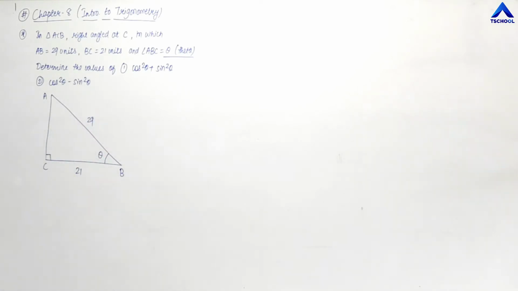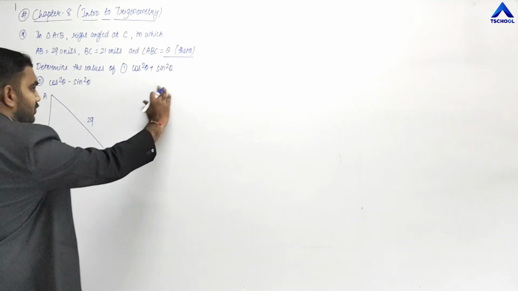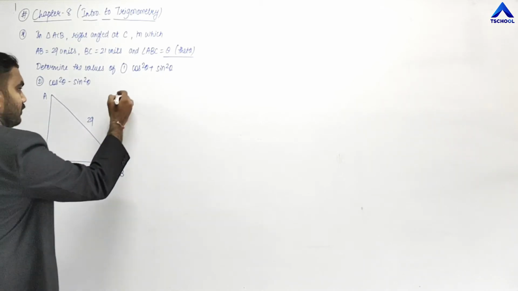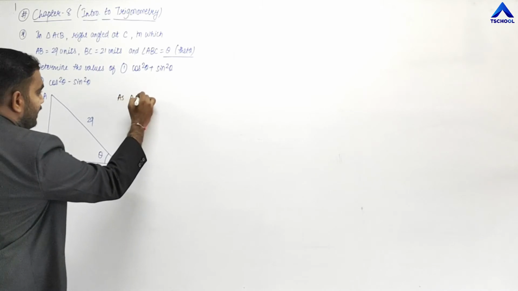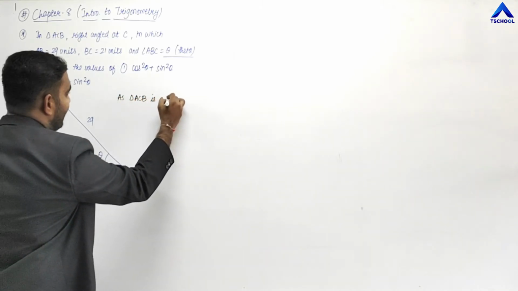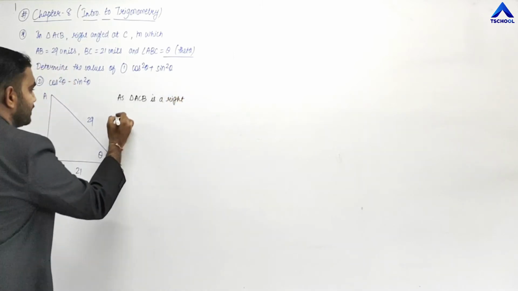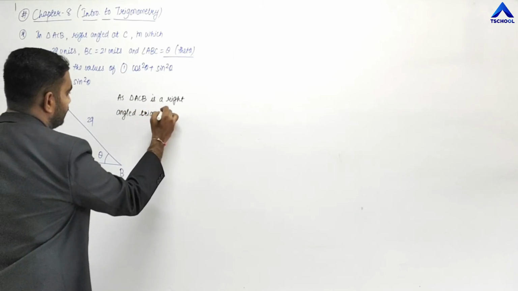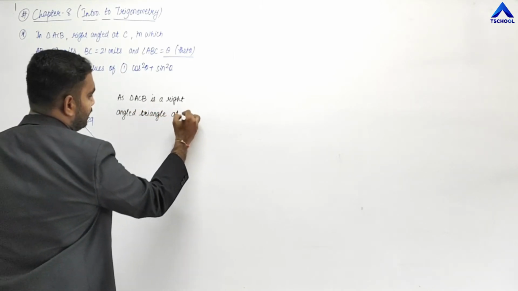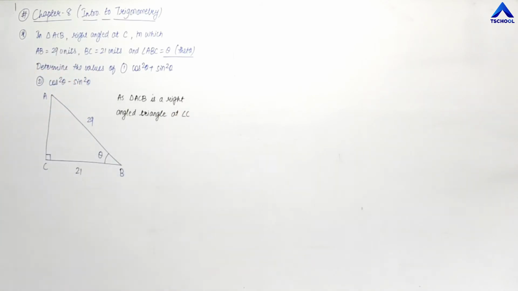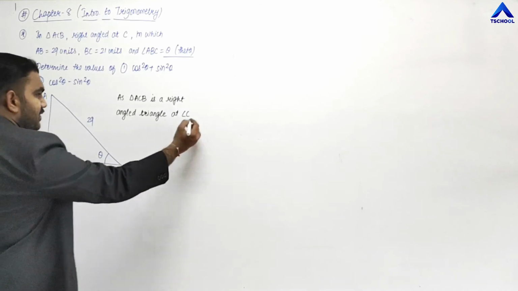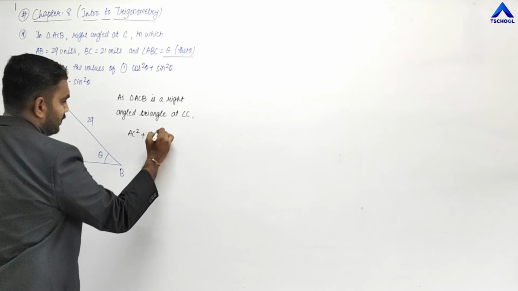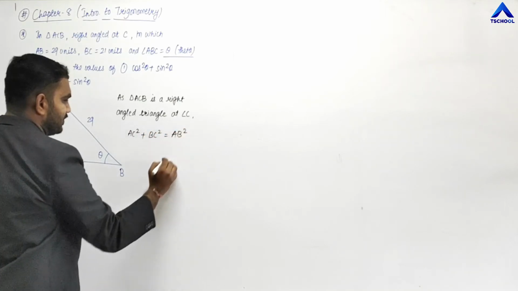So we will find the third side. Let us see the solution now. As triangle ACB is a right angled triangle at angle C, AC square plus BC square equals AB square.